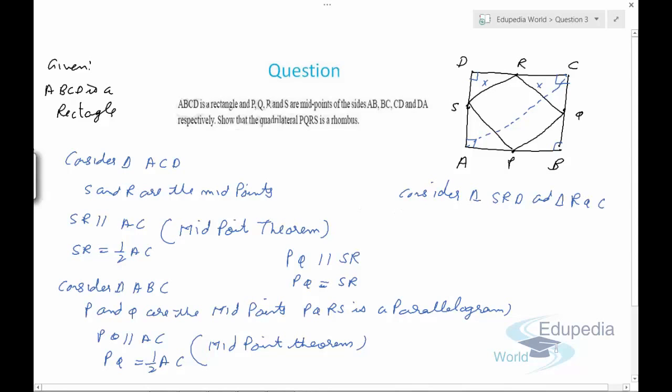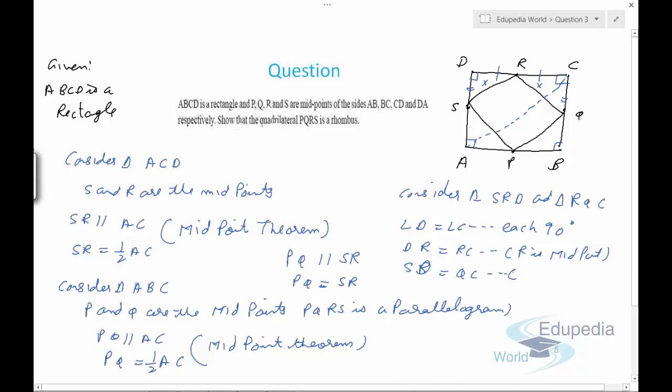Now, in triangles SRD and RQC, angle D equals angle C. It's each 90 degrees, and DR equals RC. Why? Because R is a midpoint. Similarly, this side equals this side: SD equals QC.